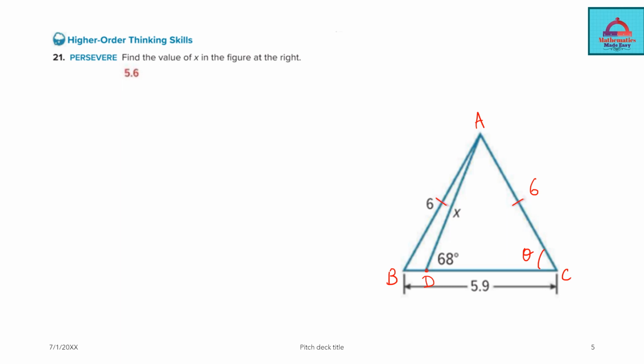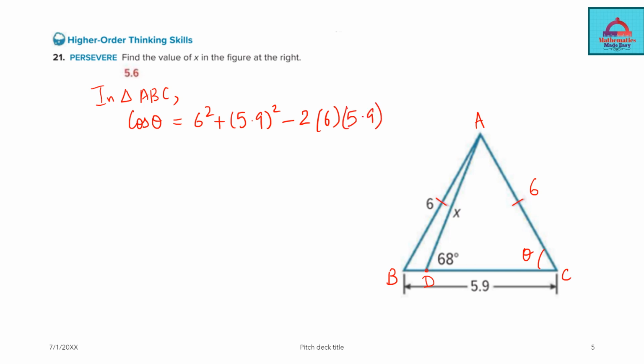Then I take triangle ABC and I apply the cosine rule. So in triangle ABC, the cosine rule tells you that 6 square is going to be equal to 6 square plus 5.9 square minus 2 times 6 times 5.9 multiplied with cos theta.